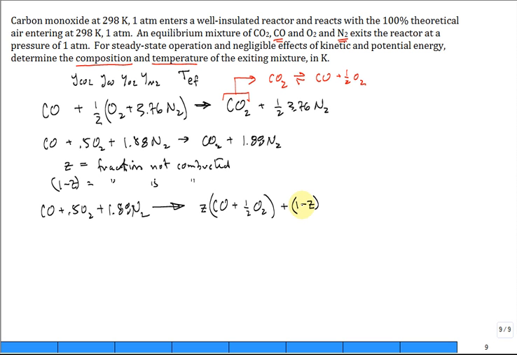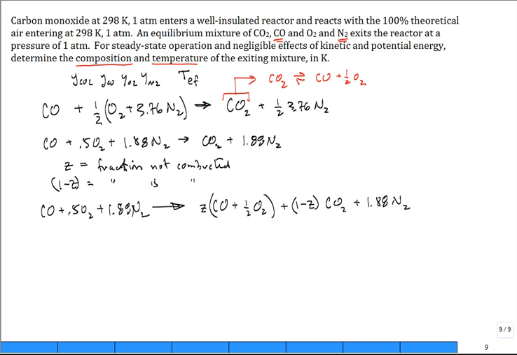And when it is combusted, it gets CO2, plus the 1.88 N2, and the 1.88 N2 just goes for the ride. That's why I didn't put a Z in front of it and a 1 minus Z in front of it.